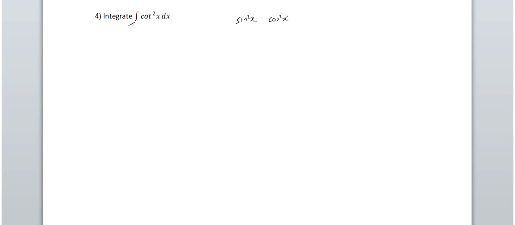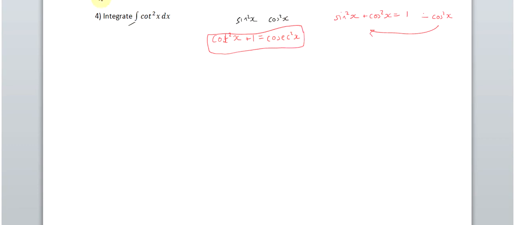So in this case, the identity we're going to use is cot squared x plus 1 equals cosec squared x, which of course is just a rewriting of this. So if you divide that all through by cos squared x, you'll end up with the one that I've just written down. So we are going to change this from a cot into a cosec minus 1.